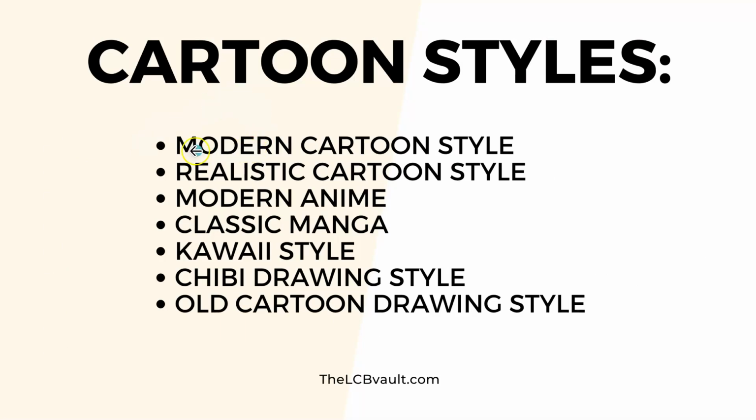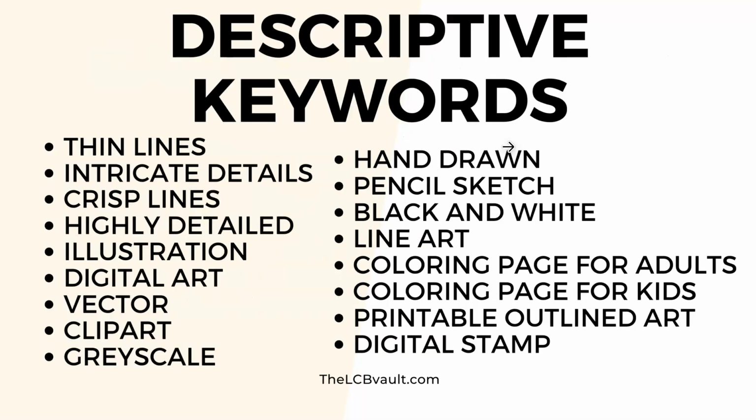So you'd want to use something like modern cartoon style of, and then describe the colouring page that you want. That might be a panda at the beach, or a monkey in a tree. So you could do realistic cartoon style of a monkey in a tree, and then use these descriptive keywords to help describe what type of drawing that you want, with thin lines, highly detailed, illustration, digital art, black and white.